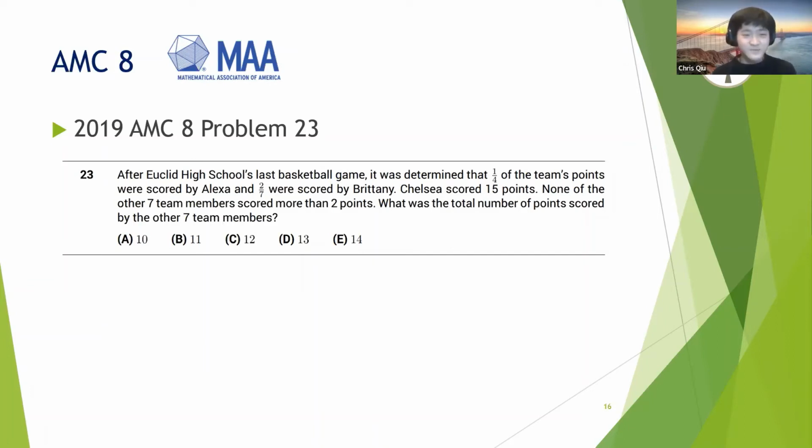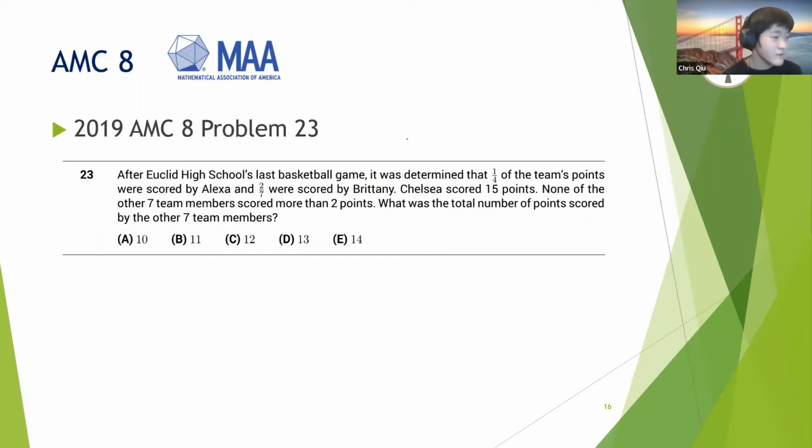All right, so in this problem, we're told that 1/4 of the team's points were scored by one person, and 2/7 of the total number of points scored by the team were scored by another person. So this piece of information tells us that 1/4 of the team's points is a whole number.